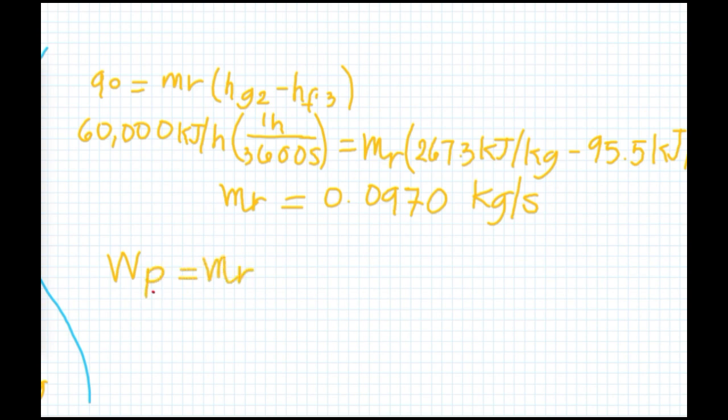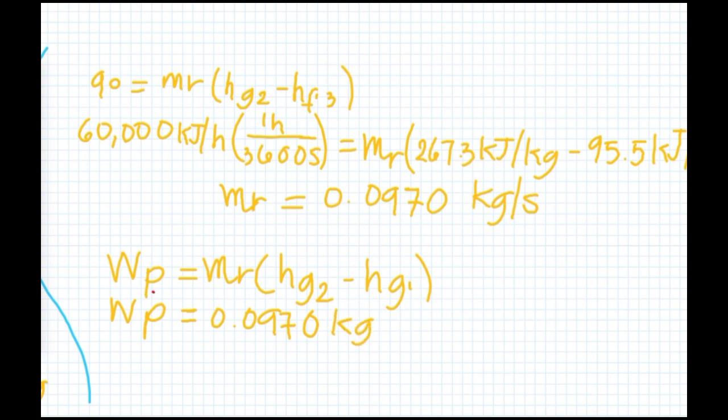So this is the expression for the heat input to the heat pump. We will substitute the values. We have 0.0970 kilogram per second times the quantity of 267.3 kilojoules minus 251.9 kilojoules per kilogram.